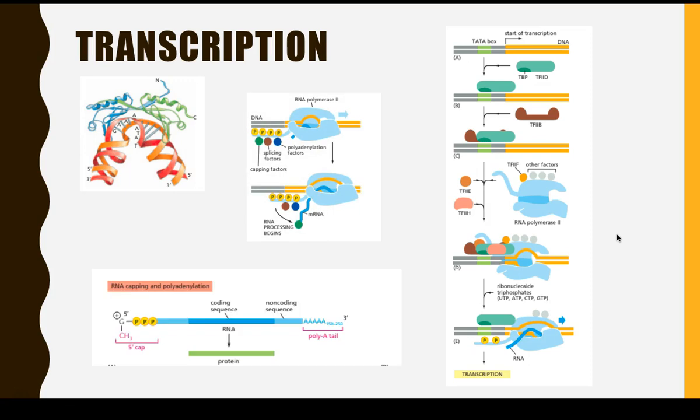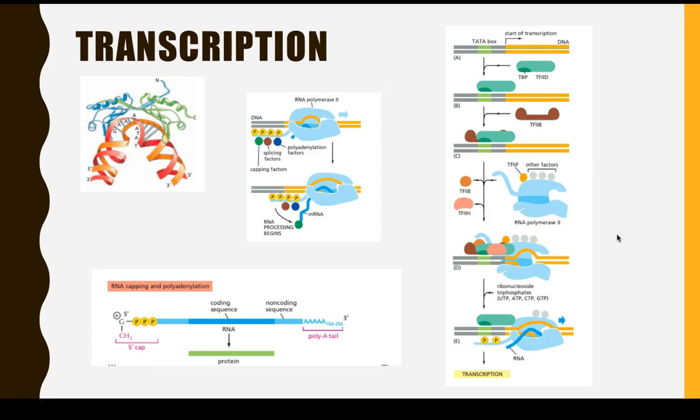TF2H has many different functions, like having the helicase, along with it interacts with the mRNA as it leaves the polymerase. The entire transcription process happens in the nucleus, so once the RNA is made, it needs to be processed before it can leave the nucleus.